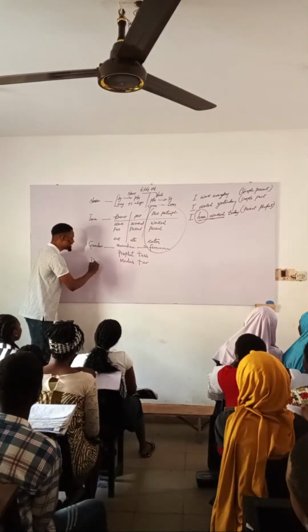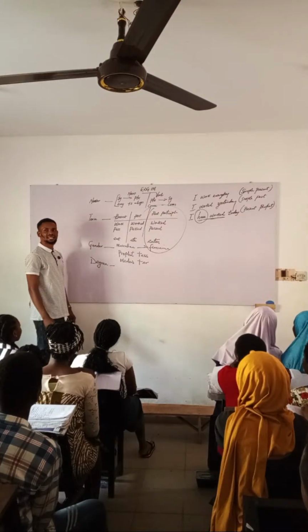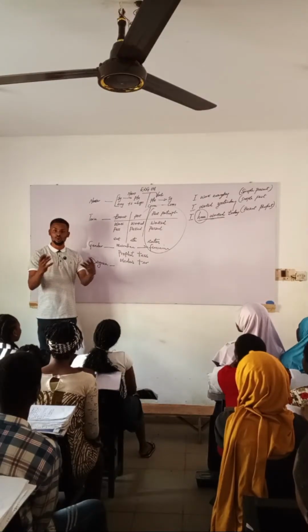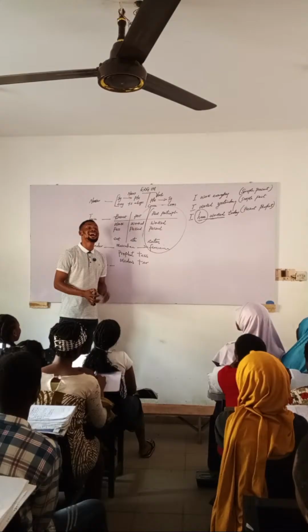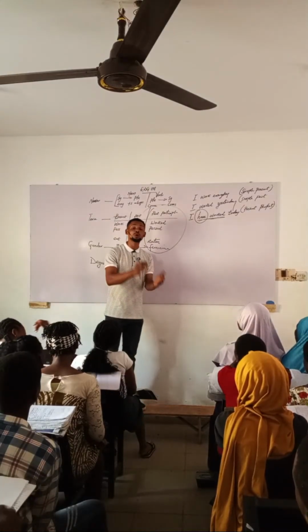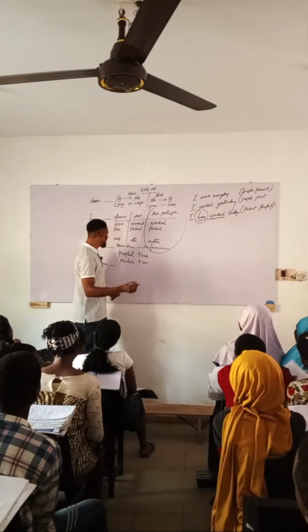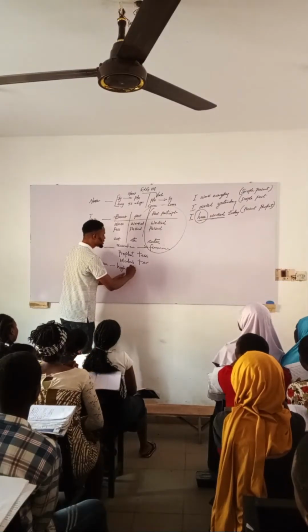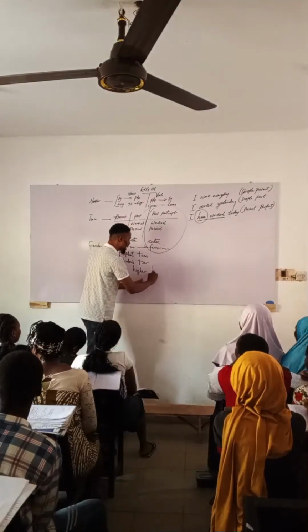The last one is degree. That is, when inflectional bound morpheme is added to a root or base, it changes the form of an adjective or adverb from the positive to comparative and superlative form. A good example of that is when you have high changing to higher, changing to highest.